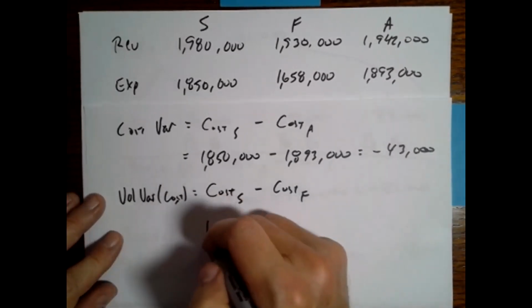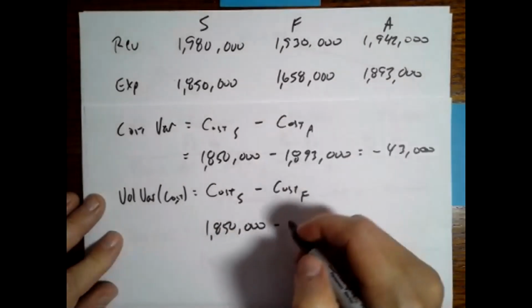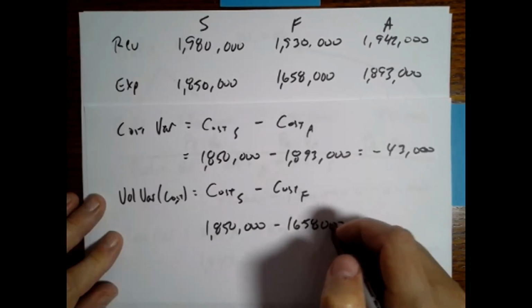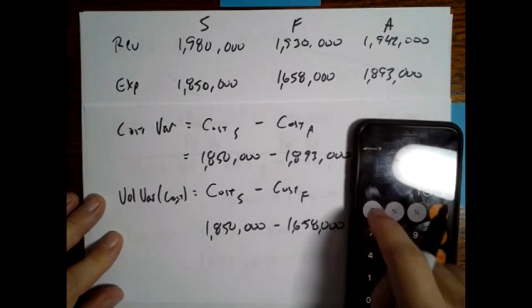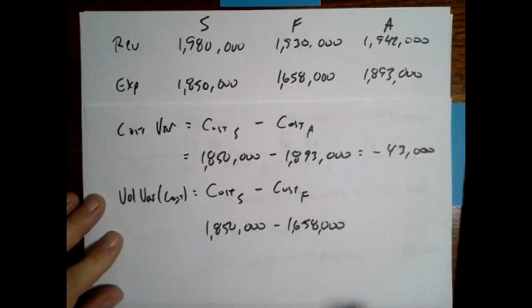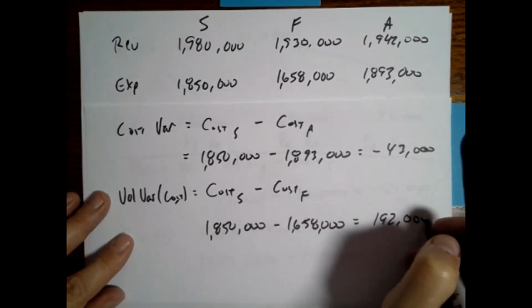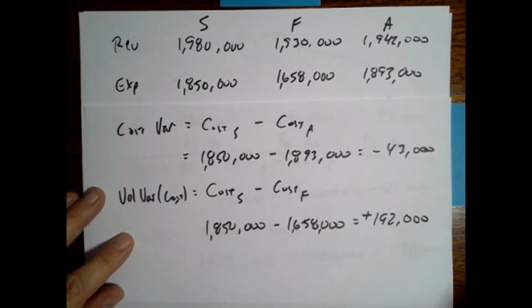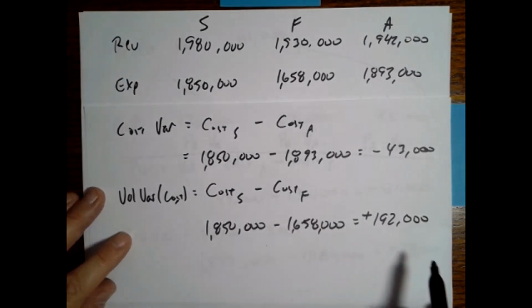So cost static, 1850, minus cost flex, 1658. 1850 minus 1658 gives us 192. So what does that tell us? Well, we had a decrease in volume and therefore an associated decrease in cost.